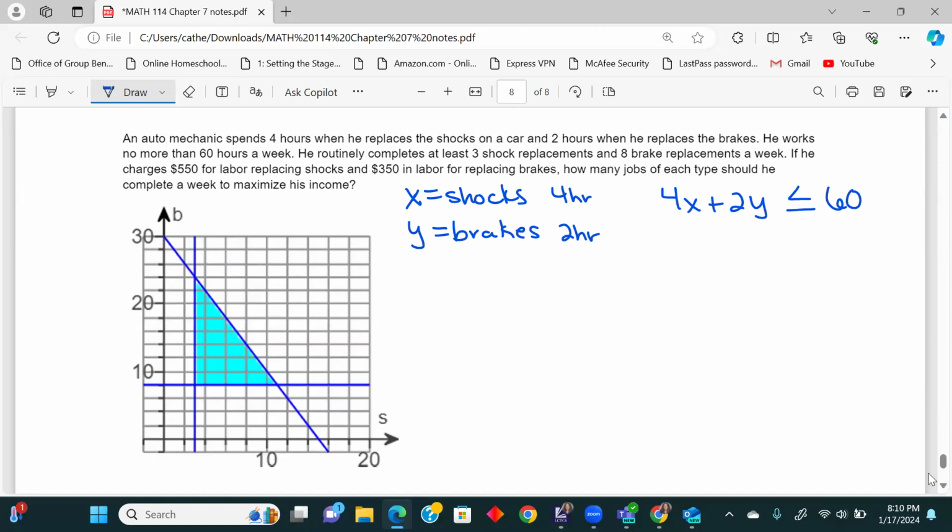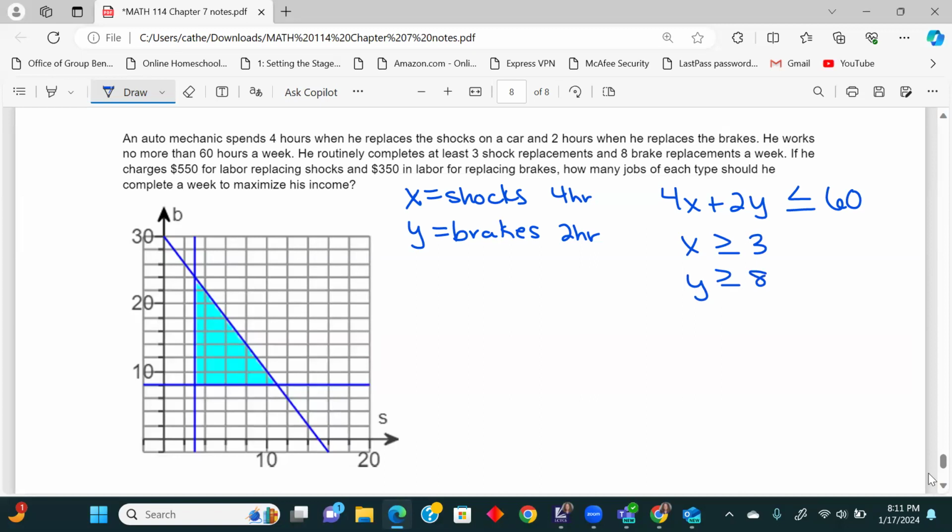He routinely completes 3 shock replacements and 8 brake replacements per week. So shocks has to be greater than or equal to 3, and brakes is greater than or equal to 8.